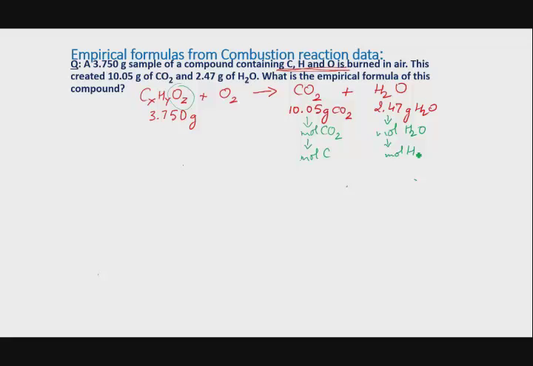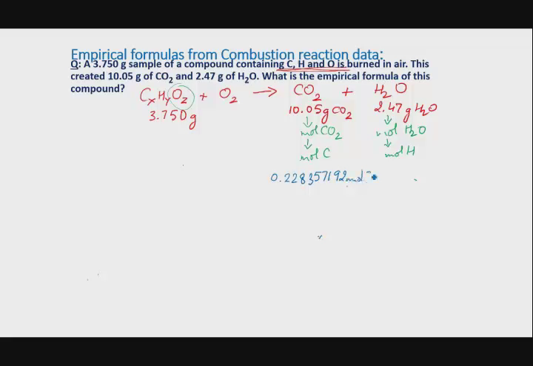Now we already set up these calculations in the previous problem, so please pause the recording at this time and go ahead and calculate the number of moles of carbon and the number of moles of hydrogen using this data. When you do that, the number of moles of carbon comes out to be, without rounding, 0.228357192 moles of carbon.